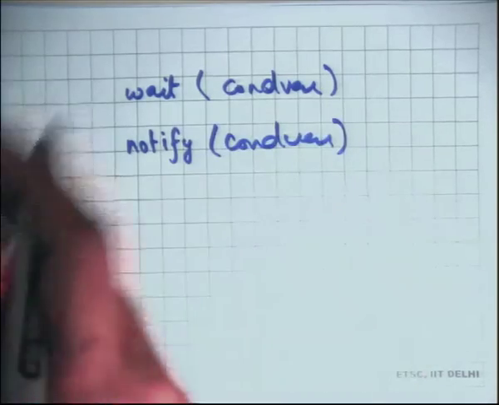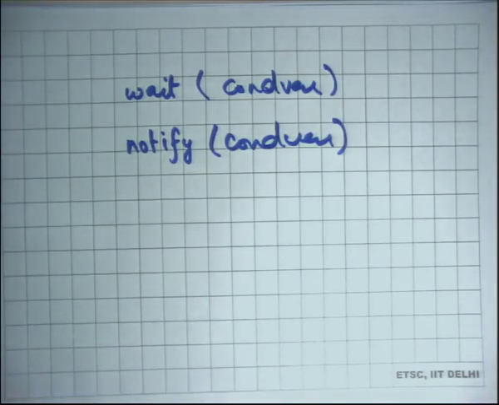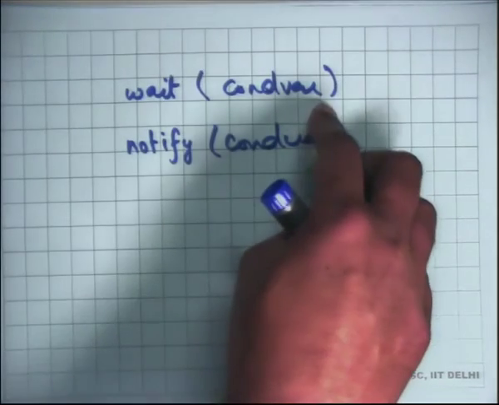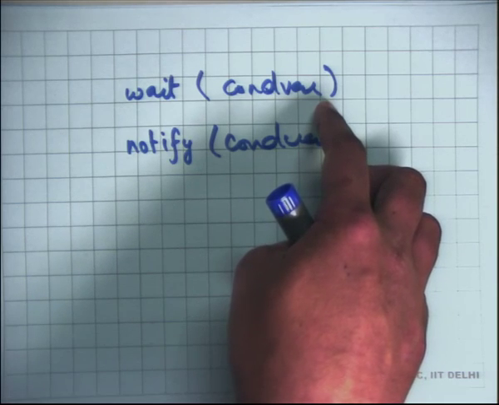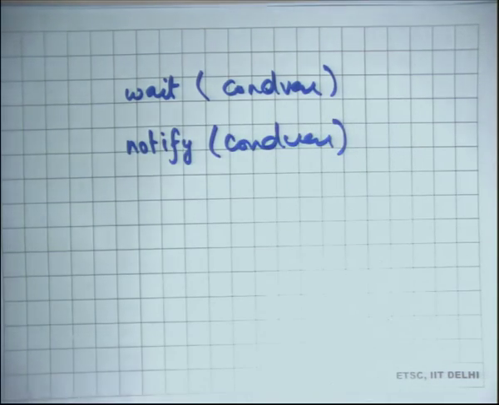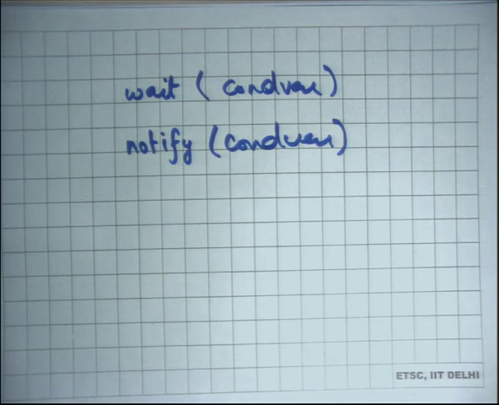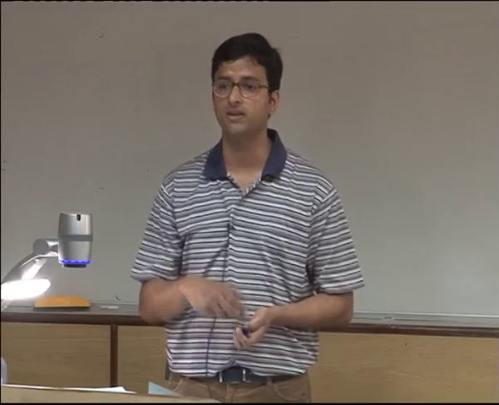Except that when you use wait and signal or notify within a monitor, you don't need to use the mutex as a second argument of wait, right. The mutex which is the second argument of wait is also implicit. If the wait is being called inside the code of a monitor, then it knows that this is the implicit lock that needs to be released, right. So the monitor's wait and notify already know which mutex needs to be released. It's the implicit lock of the monitor.